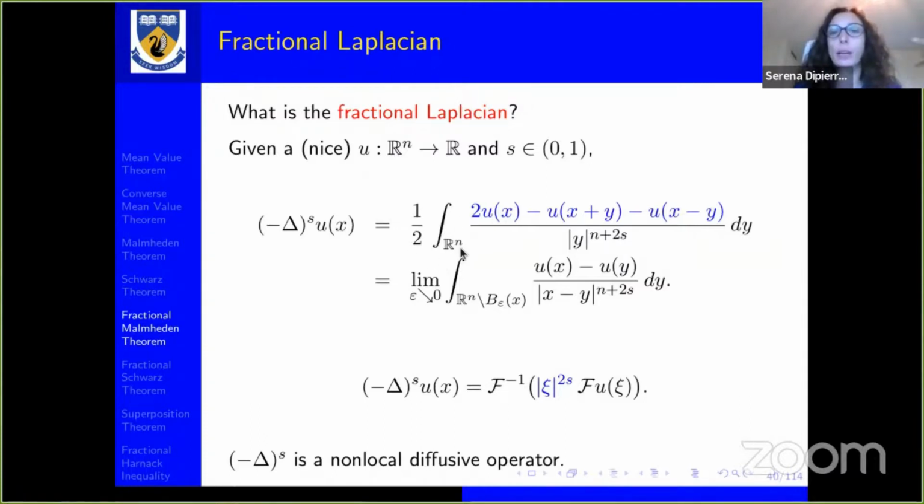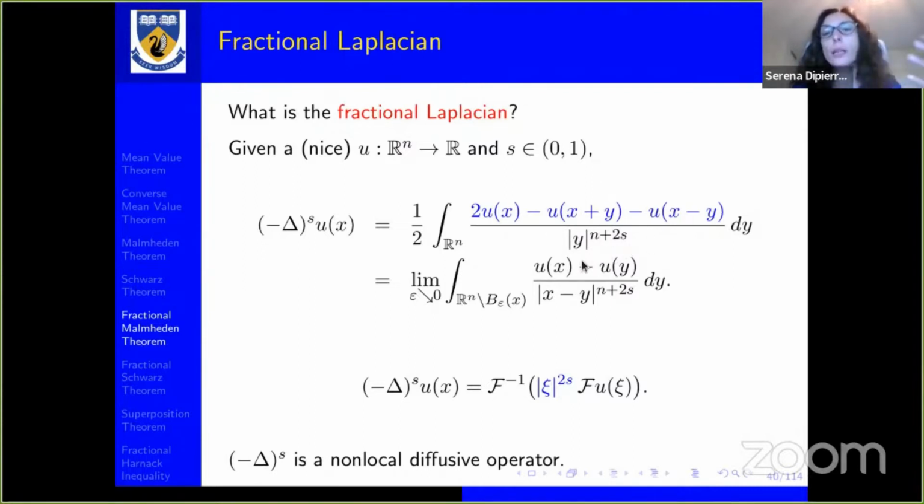It is an integral over Rn, up to some multiplicative constant, of some kind of incremental quotient of order 2s. I have my increment in the numerator, and then a kernel which is polynomially decaying, something like 1 over |y| to the n plus 2s.